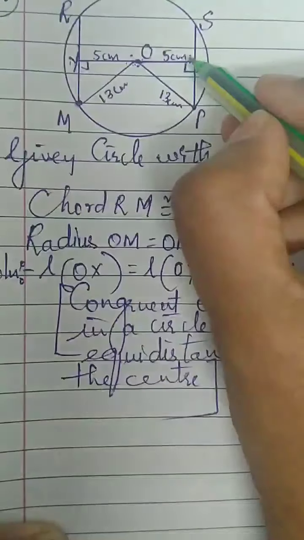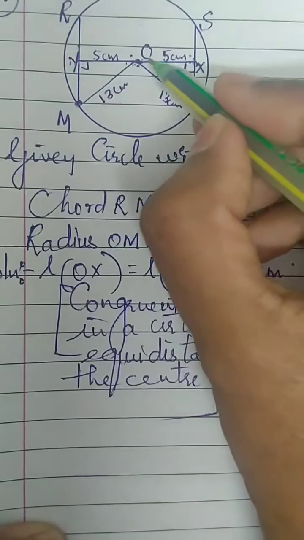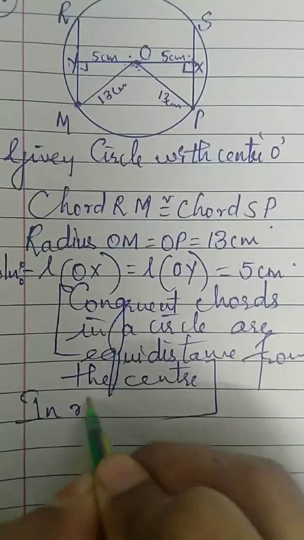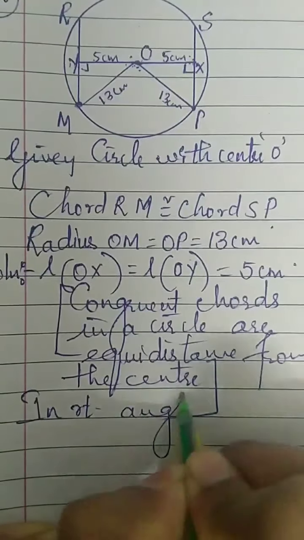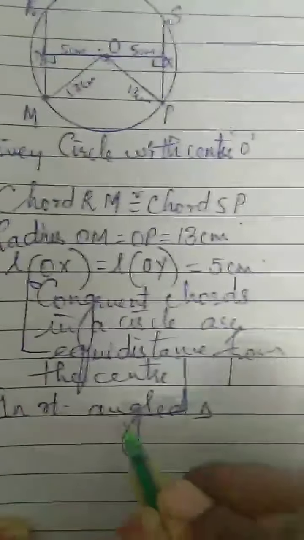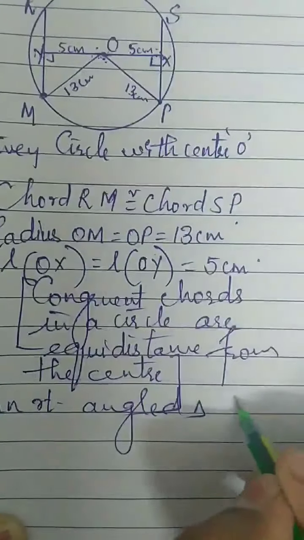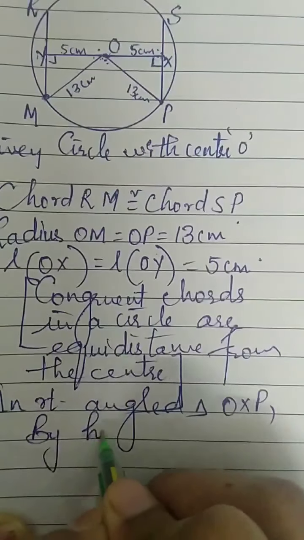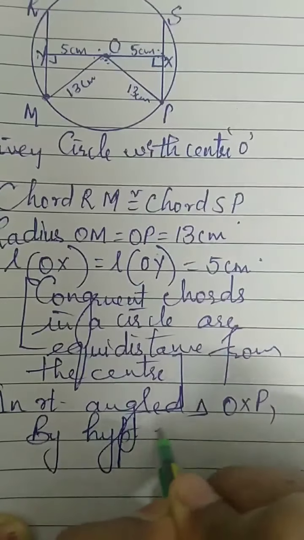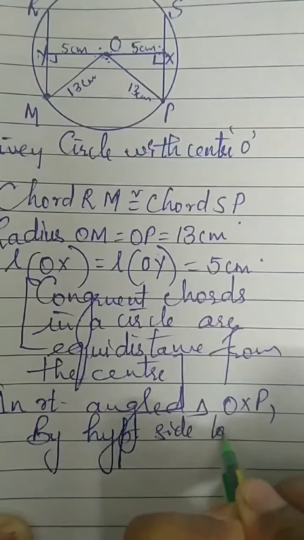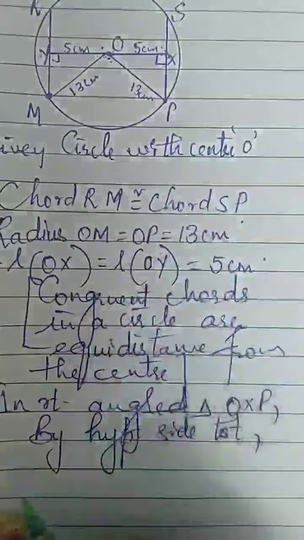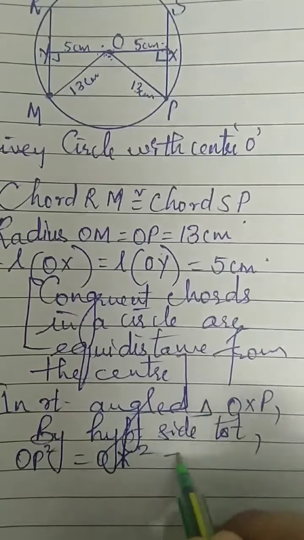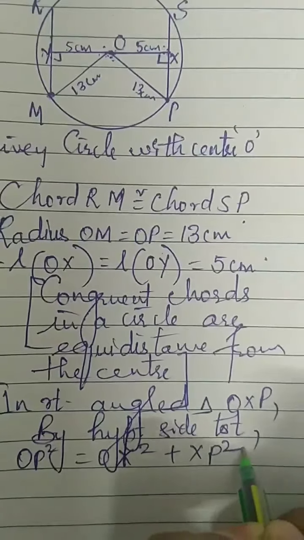Now you have the right angle triangle again. Any one triangle you can take. In right angled triangle OXP, by hypotenuse side test, hypotenuse square, that is OP square, is equal to OX square plus XP square.